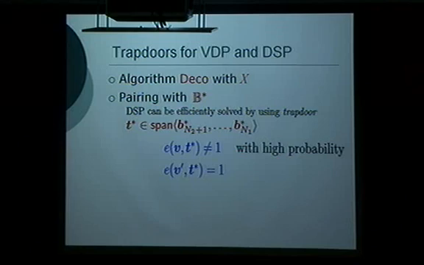If we got a T star and apply a pairing, the pairing of V and T star is not one with high probability, but for a V star, this is always one. So we can distinguish with very high probability by using this value.